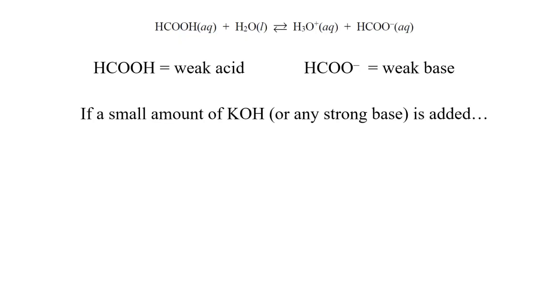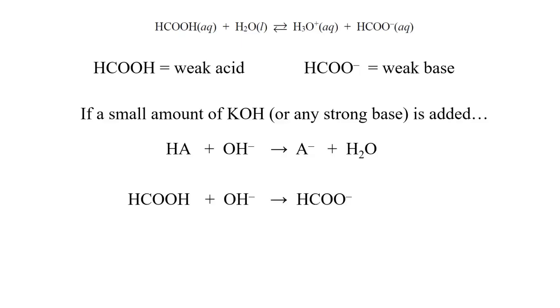Now, if a small amount of potassium hydroxide or any strong base is added to this buffer, it will be the weak acid reacting with the hydroxide ions. So here's the generic formula HA reacting with hydroxide ions from the strong base to produce the conjugate base, A-, and water. Now let's substitute the formula for methanoic acid for HA. So here's the methanoic acid, again, reacting with the hydroxide ions from the strong base.